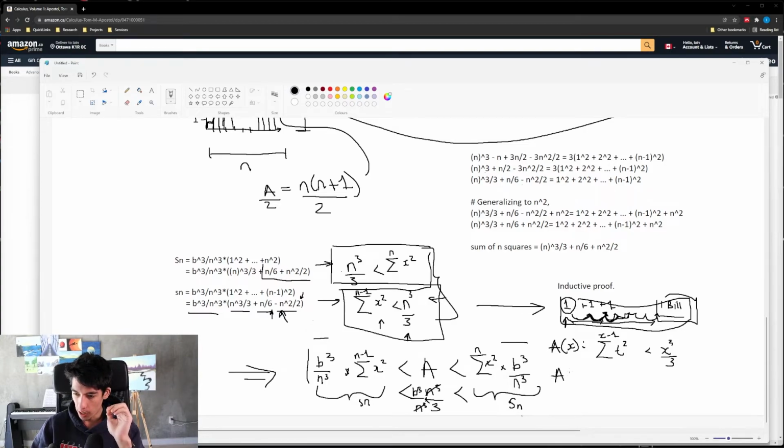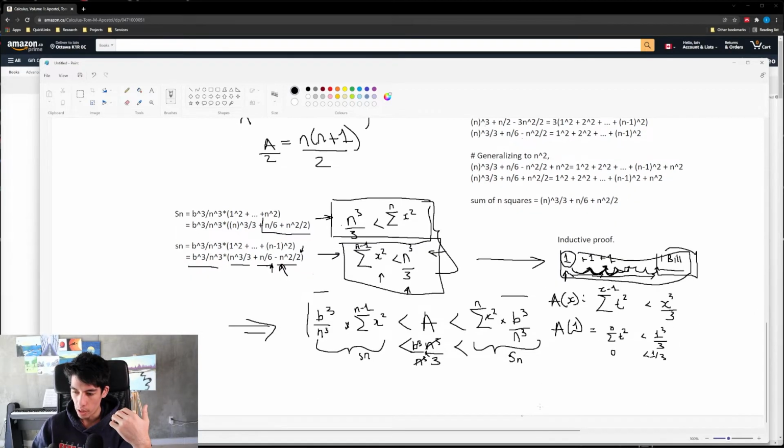So we'll take a of 1 in this example, and this equals the sum from 0 of t squared being less than 1 cubed over 3, and the sum up until 0 is just 0, and then 1 cubed over 3. If we are kind of irked by how the sum of 0 works, you can just do a different number, a of 2.